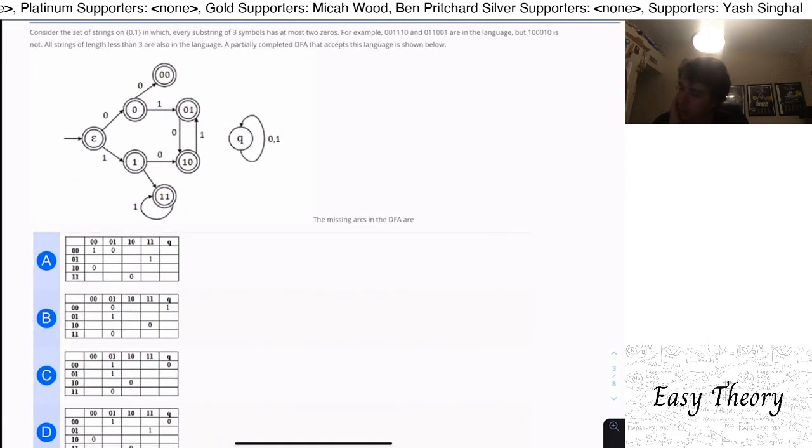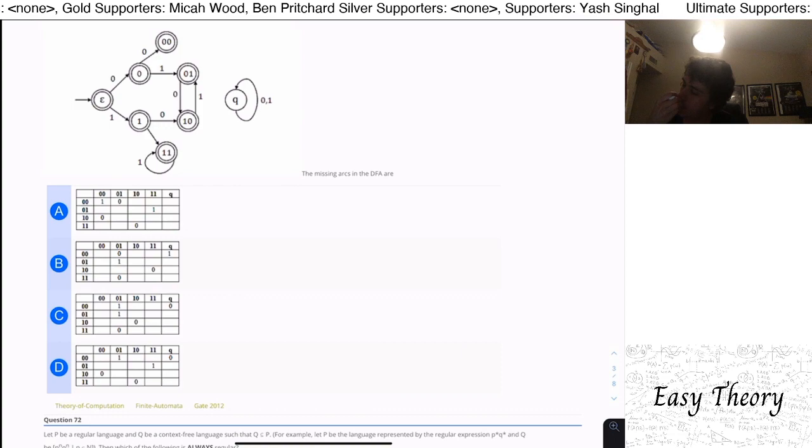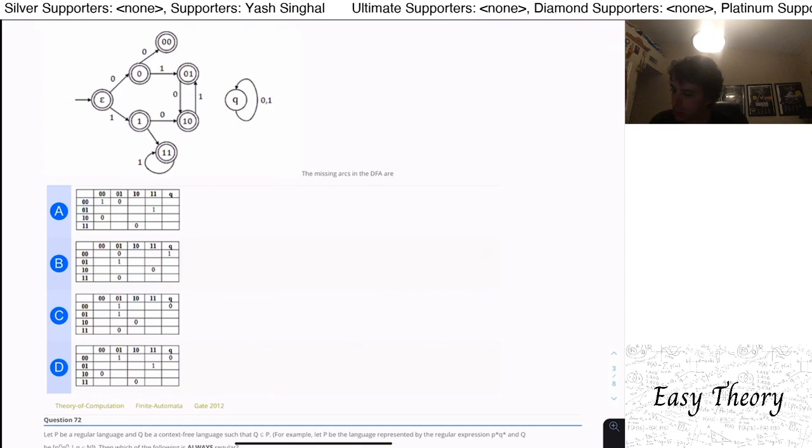The missing arcs in the DFA are what? Maybe zoom out a little bit. 0, 0. Well, 0, 0 is clearly missing stuff. It's just to what, though? Okay, so it's just recording what the last two states are. I mean, the last two characters are.